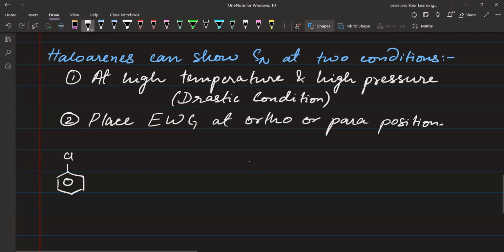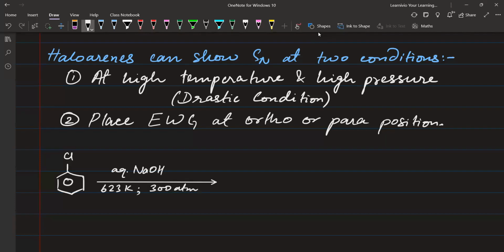So let us suppose we have a haloarene like this, a benzene ring bonded to chlorine. Here we have aqueous NaOH, 623 Kelvin, high pressure.